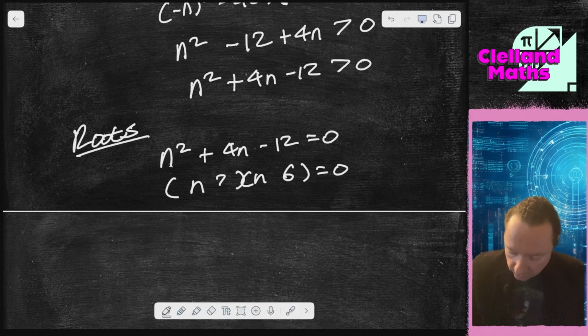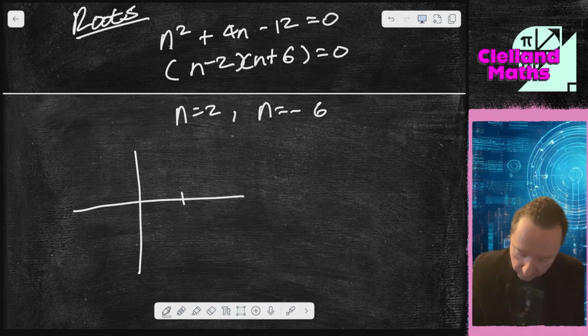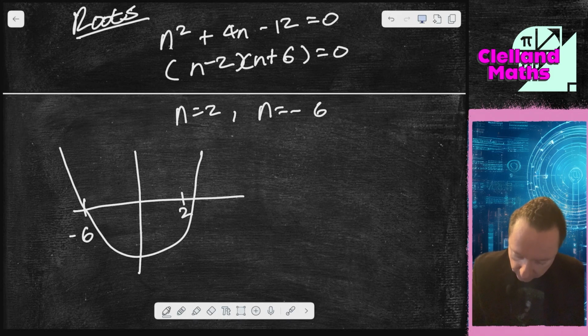6 and 2 I think is going to work. Plus 6 minus 2, so I've got a root at 2 and a root at minus 6, and then you just draw a graph. So this is how you always solve quadratic inequalities. 2 and minus 6, n was positive. Doesn't really matter if that's particularly accurate.